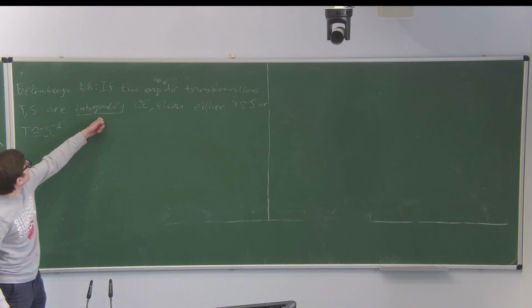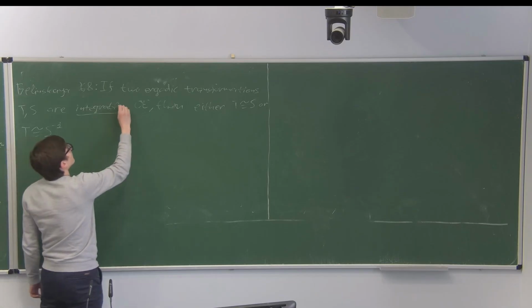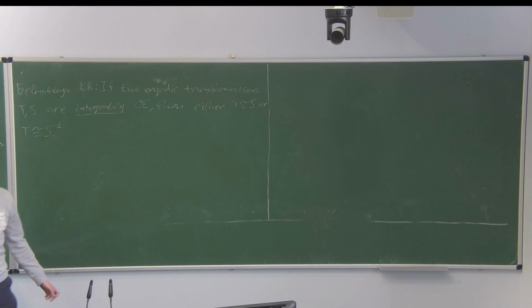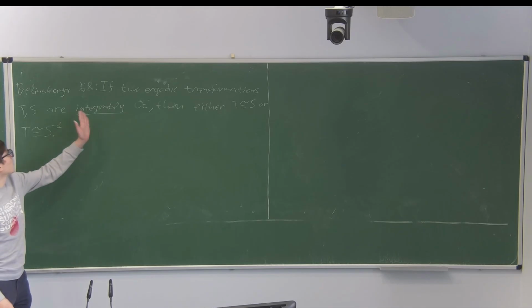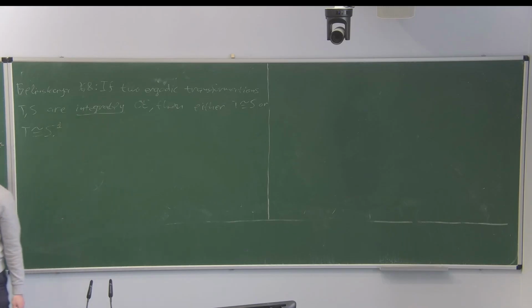Now, what is this? We'll get back to this. It's one specific instance of what very much later was called quantitative orbit equivalence. You just impose some integrability on cocycles, and that already gives you a pretty strong, I would say, rigidity result.